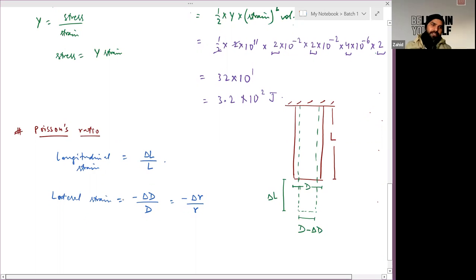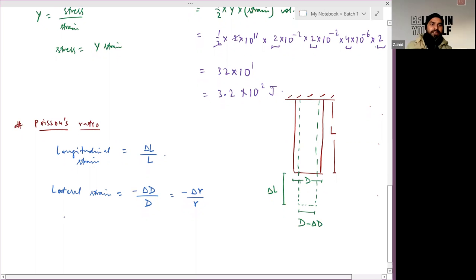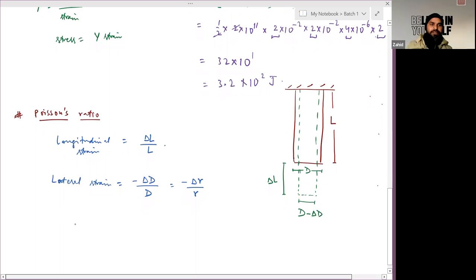Now, if you take the ratio of these two deformations for the solid, it is called Poisson's ratio. So Poisson's ratio equals lateral strain divided by longitudinal strain.